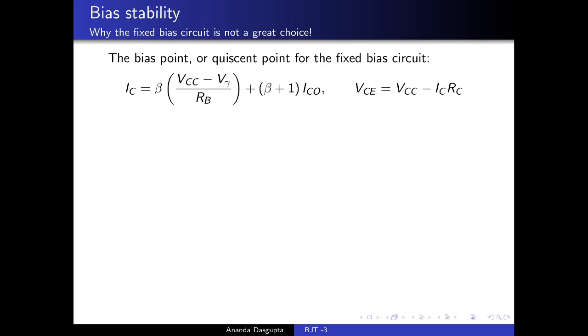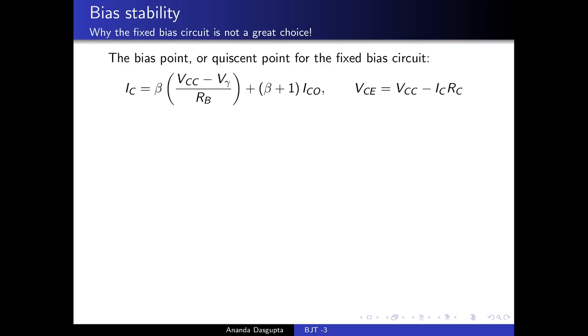I have not written down the VBE because, as I explained, VBE is nearly fixed at V gamma, so we don't really bother about that at this stage. And IB, something we figured out there, and in fact is just this thing in the bracket here, is again a quantity which does not change unless you drastically change the circuit parameters, the other parameters in the circuit.